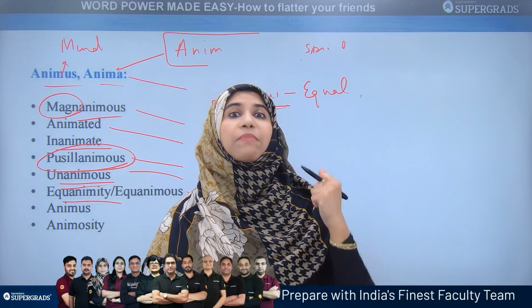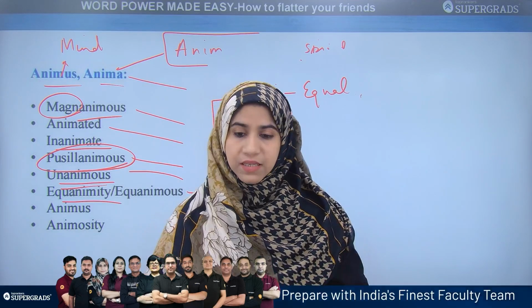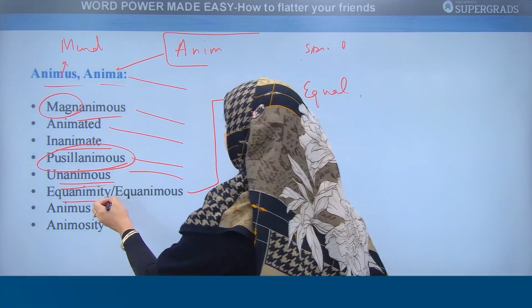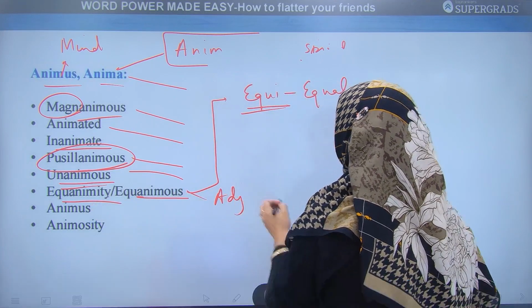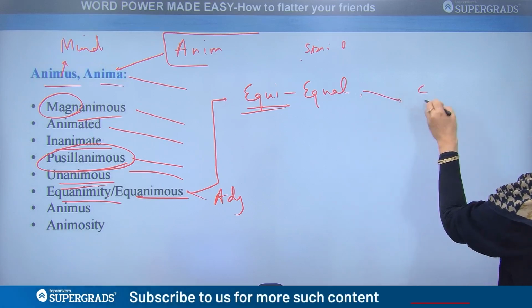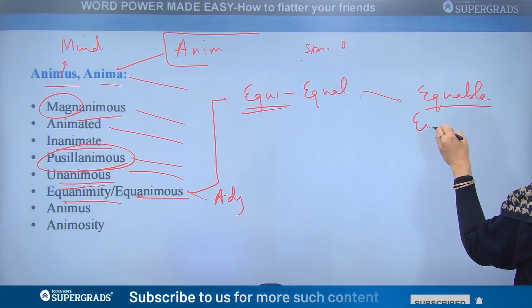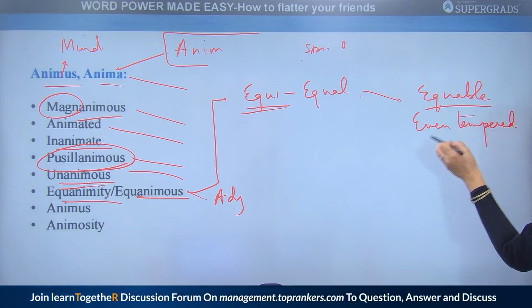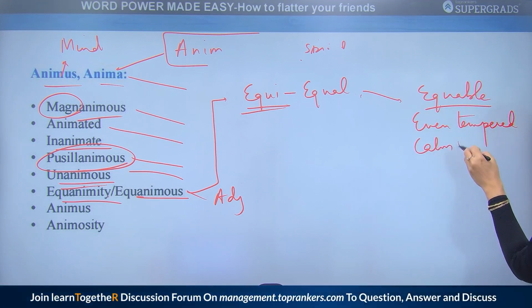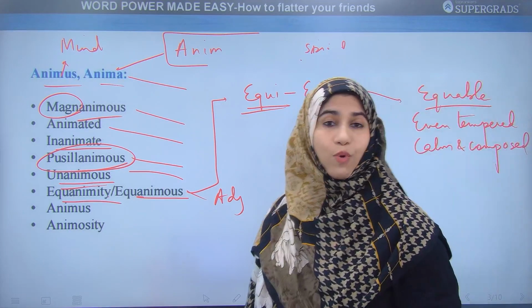Someone who has all the balance in his emotions is equanimous. The noun form is equanimity, equanimous is the adjective, right? So somebody who is equable or even-tempered, as we say, or calm and composed, is going to be equanimous.